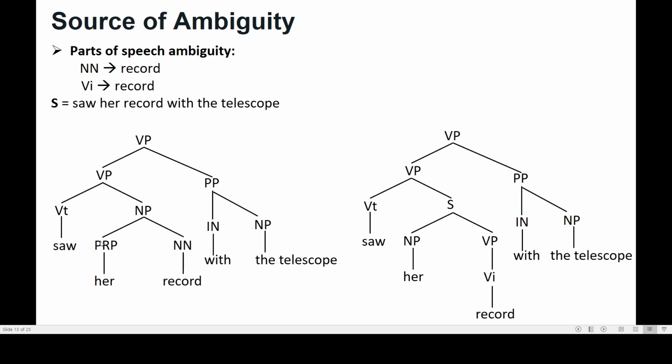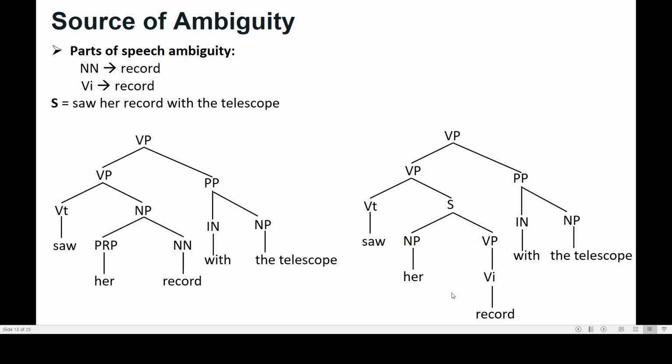So in the left hand side derivation, the interpretation of this parse tree is, someone is seeing his record with the telescope. This record can be a video record, audio record, or file record. Someone is seeing a record with the telescope. But in the right hand side derivation, the interpretation of this parse tree is, someone is recording something.